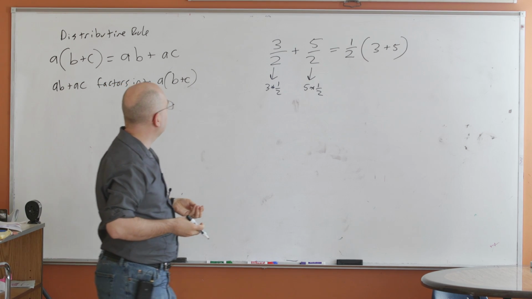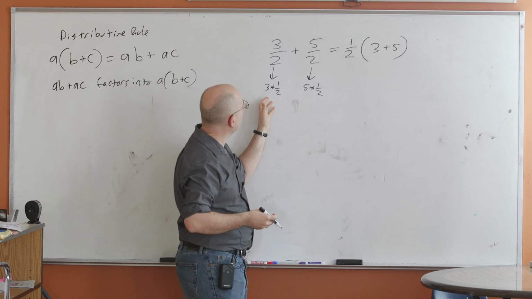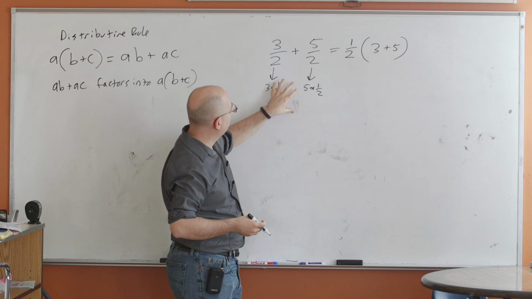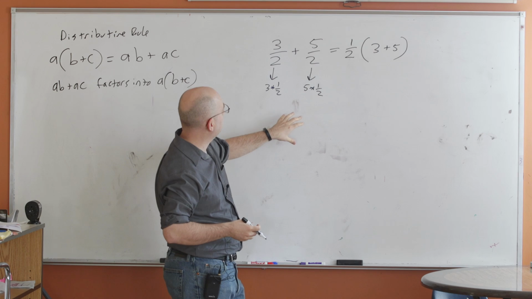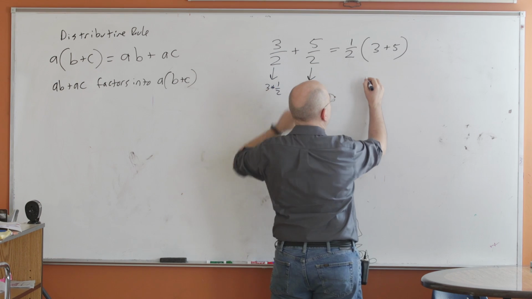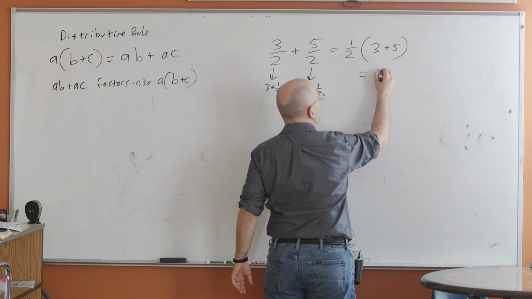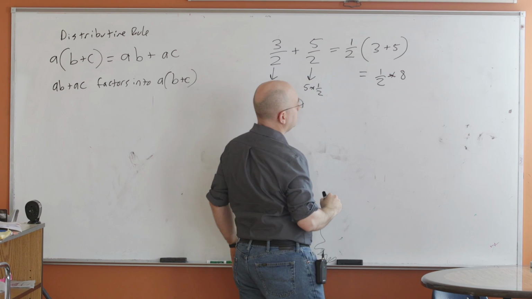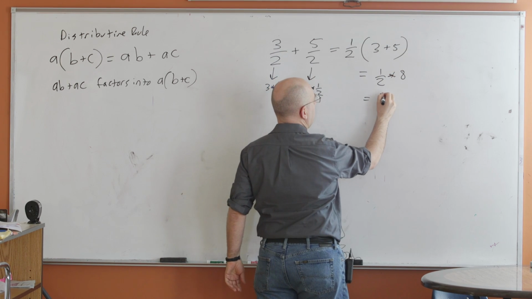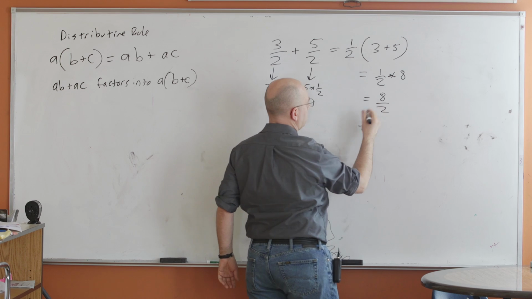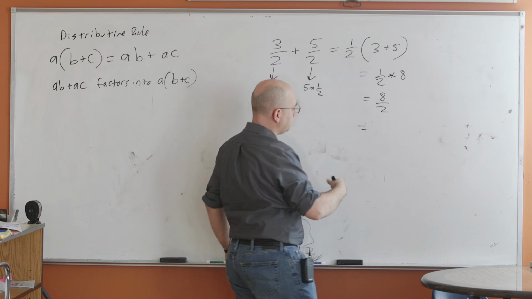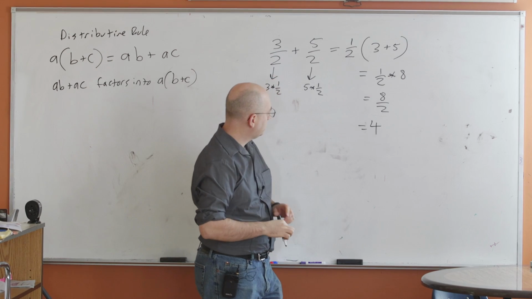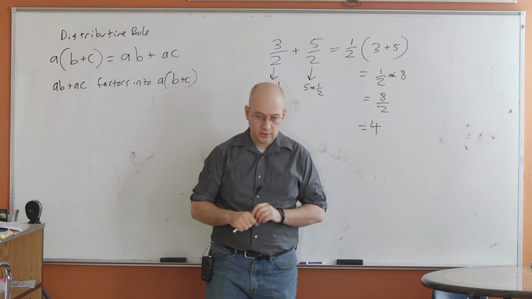It's a new thing. And this is sort of what we mean in some sense by this. And so our distributive rule almost guides us to what it needs to be, which is 1/2 times 8, or 8 halves. And that reduces to 4. We'll talk more about reduction a little bit later.